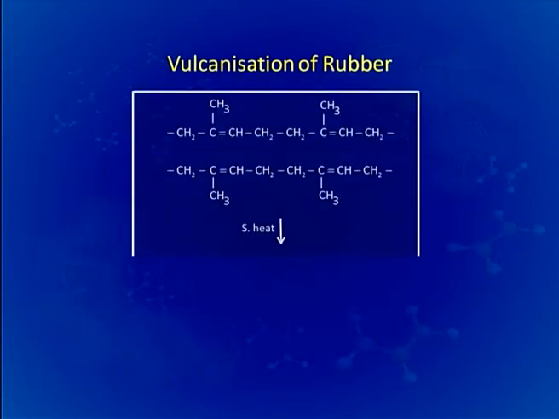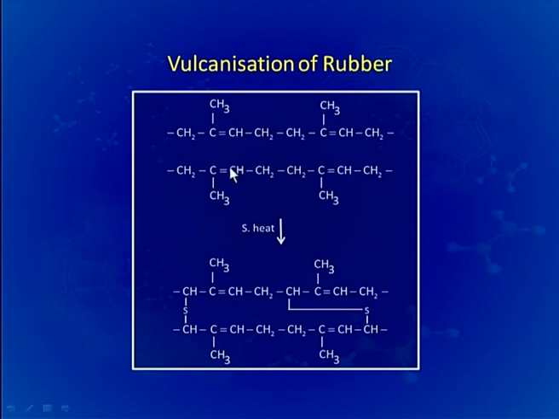We can understand this further with an example. This is one chain of the polymer and this is another chain of the polymer. When it is treated with sulfur at high temperature, cross-linking between the chains at various positions through sulfur atoms takes place.